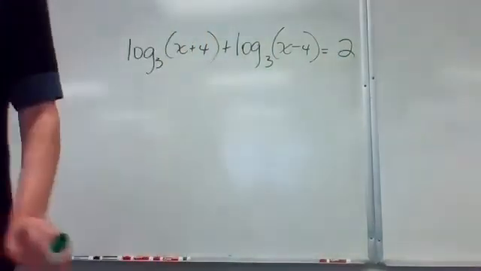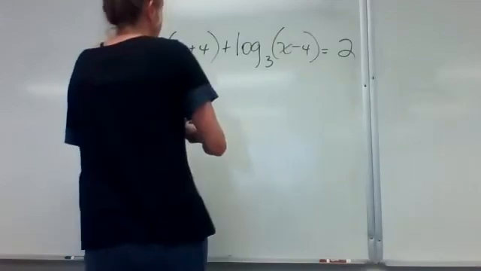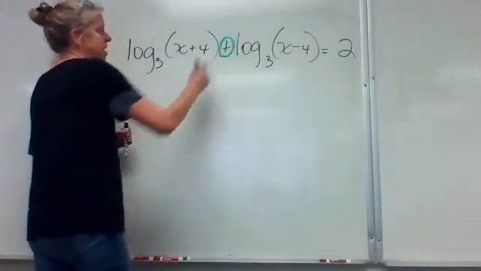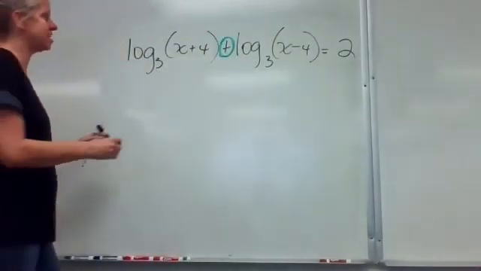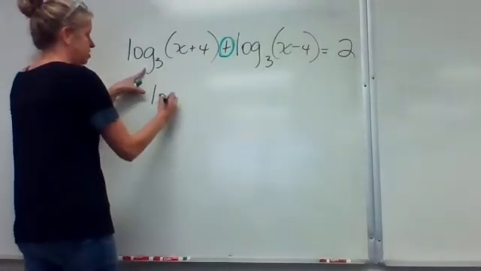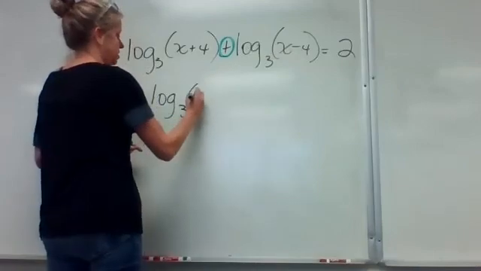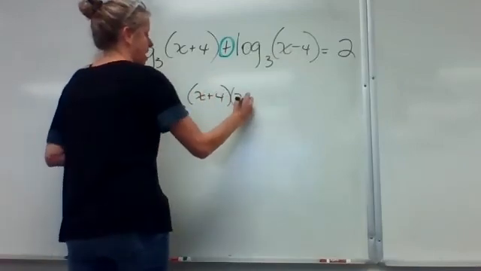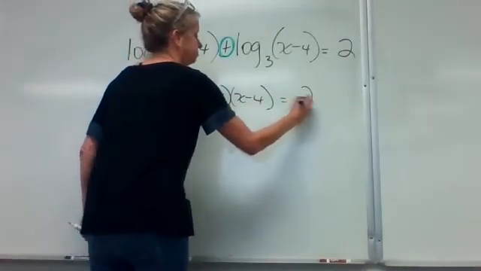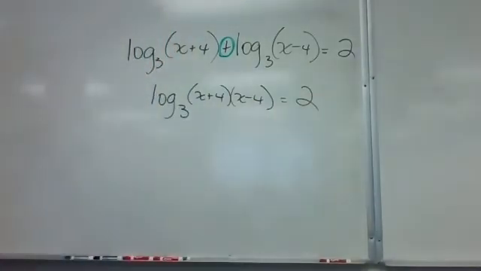All right, so that left side, I'm going to simplify it by turning it into a single logarithm. Since it's adding, I'm going to turn it into a single log base 3 and multiply these. So log base 3 of (x plus 4)(x minus 4) equals 2.